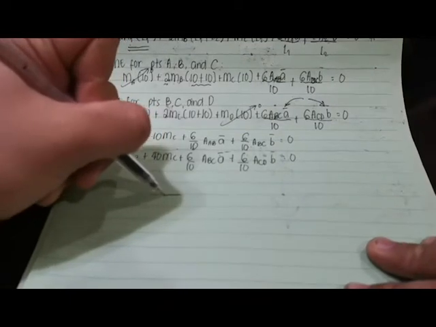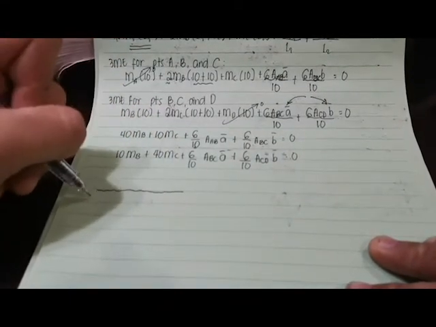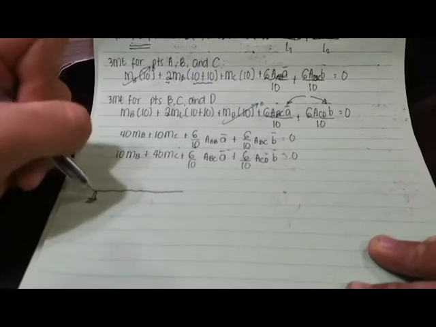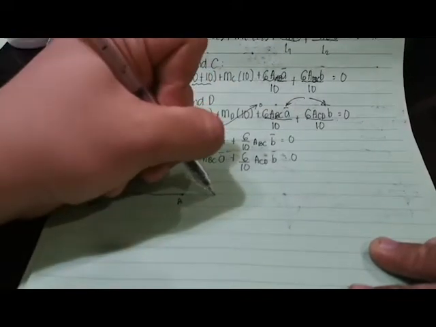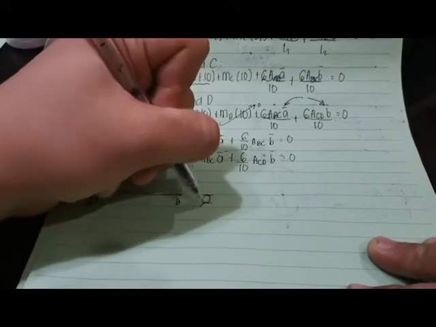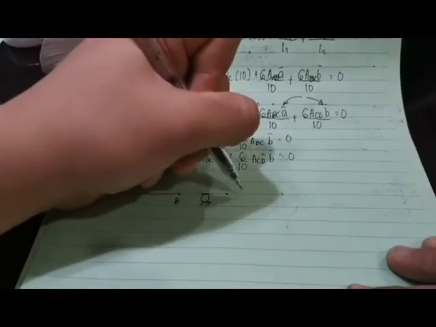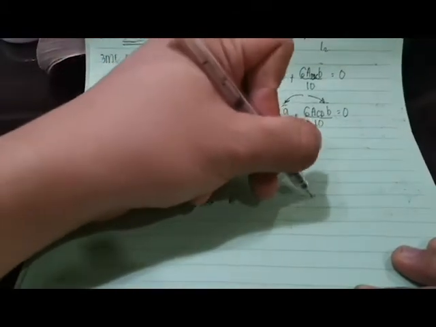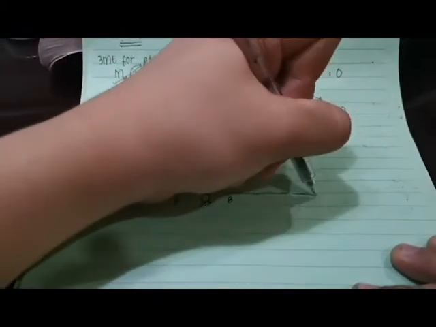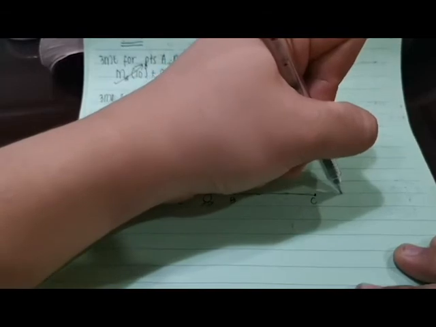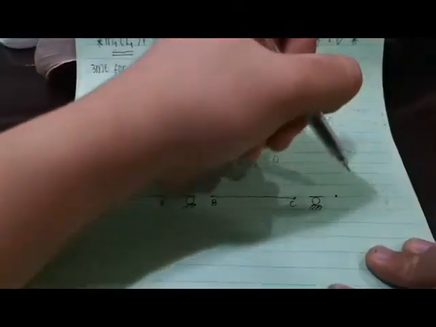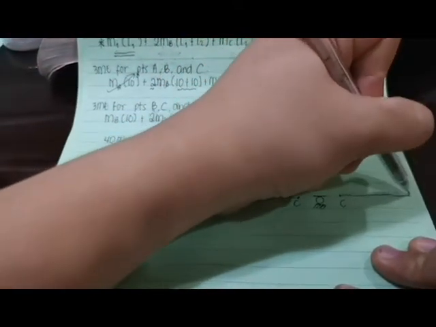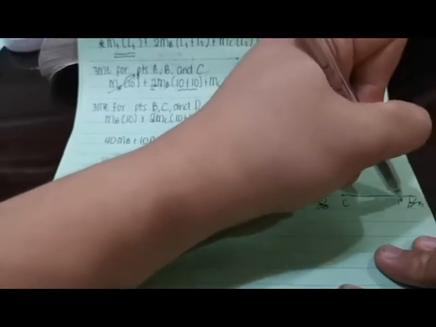So we separate each span: this is now span AB, span BC, and span CD.